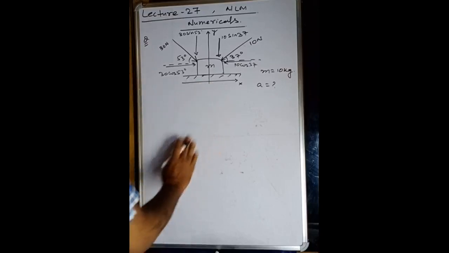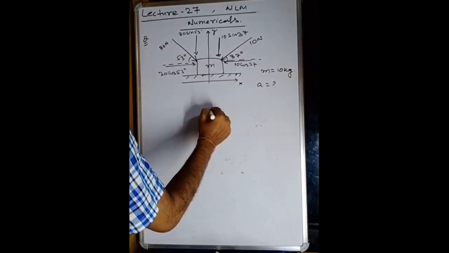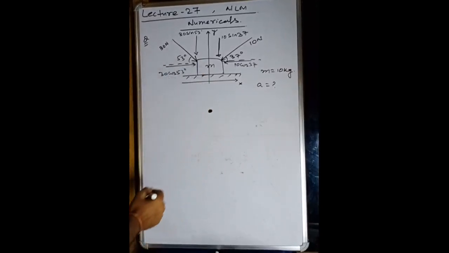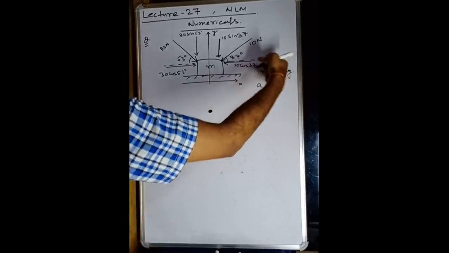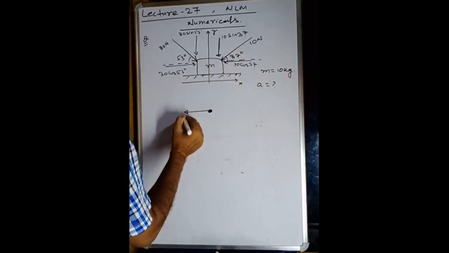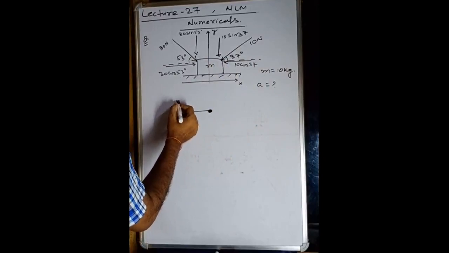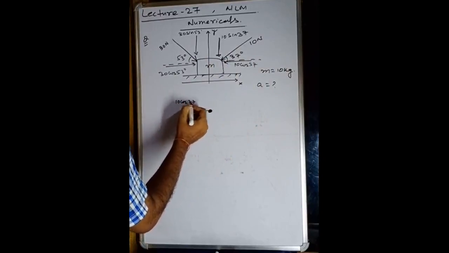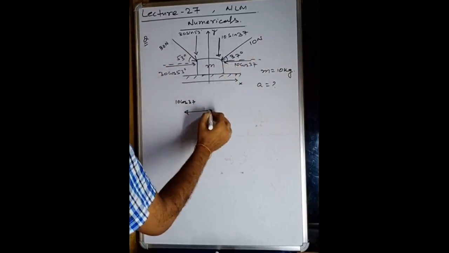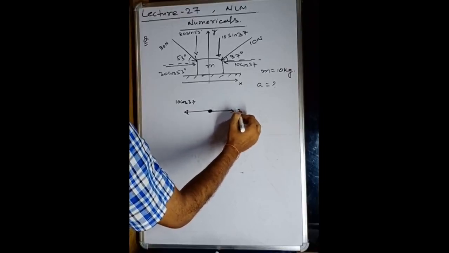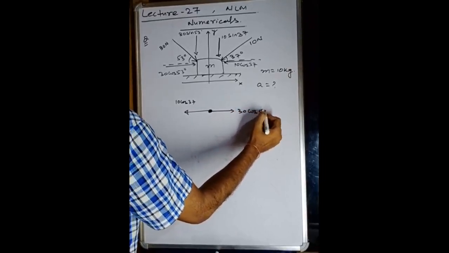Now the total forces on this body, suppose this is the mass m. How many forces do we have to consider? One force in this direction, it is 10 cos 37, and one in this direction, it is 30 cos 53.